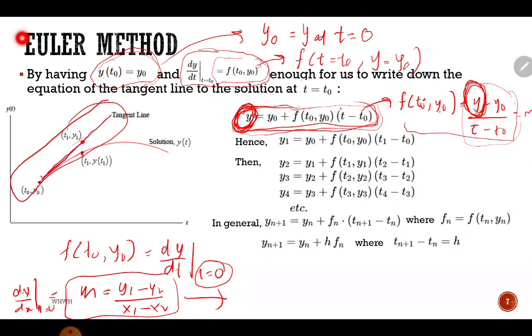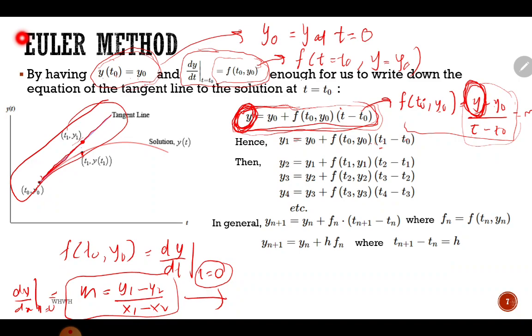So from here, y depends on what value of t we want to find. If t1, meaning y1, at t equals 1, the formula becomes y naught plus f(t0, y0) times (t1 minus t naught).